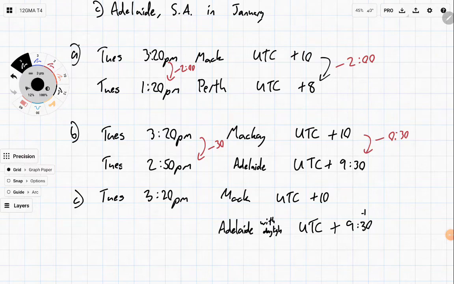So that's actually 10:30. And how do we get from here to here? Well, 10:30 is actually ahead of 10, so it's going to be plus, and it's just by plus 30 minutes. So on a Tuesday when it's 3:20 p.m. in Mackay, plus 30 minutes, well, that's going to be 3:50 p.m.